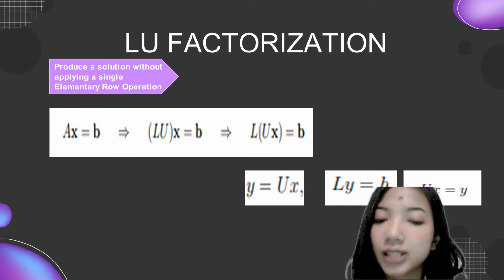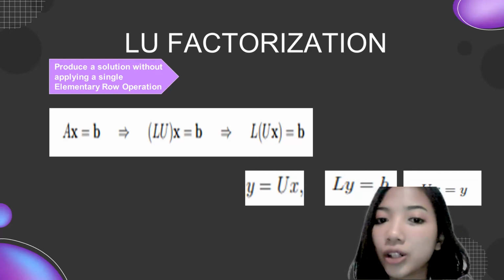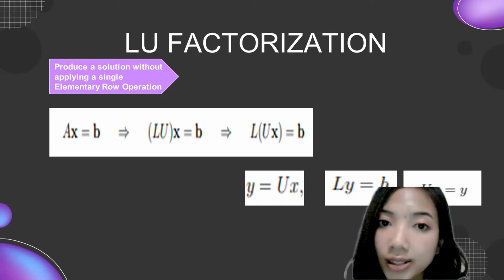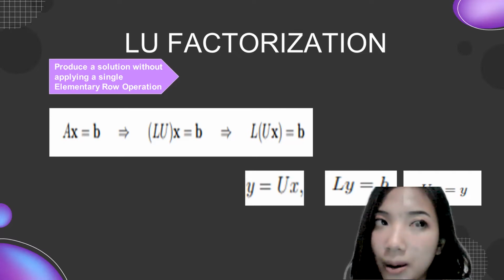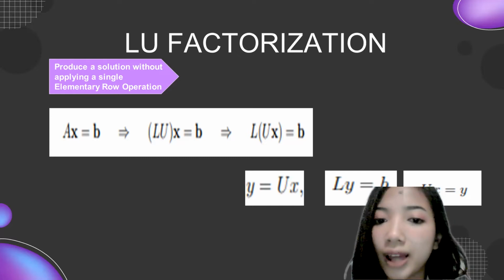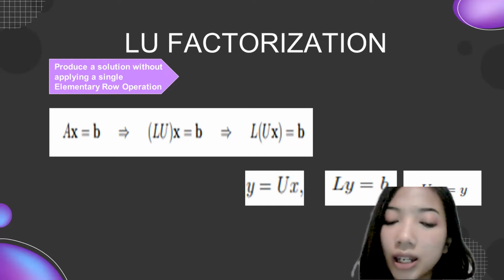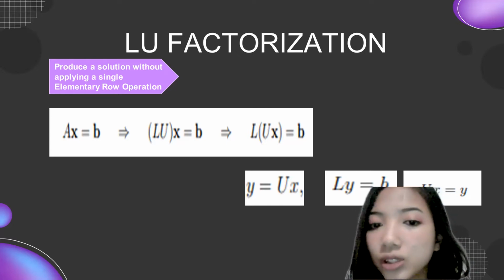In that case, we bring together the U and x using the product procedure of mathematics, and then the y. So y is equal to Ux.